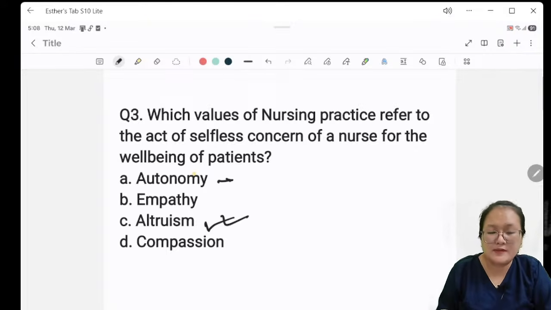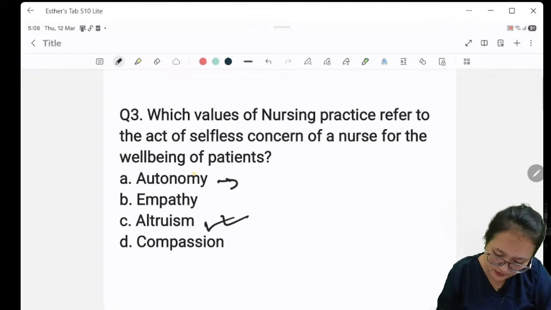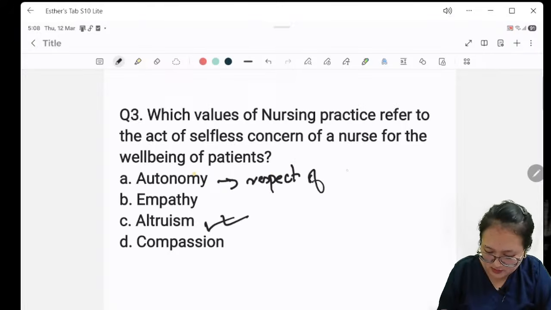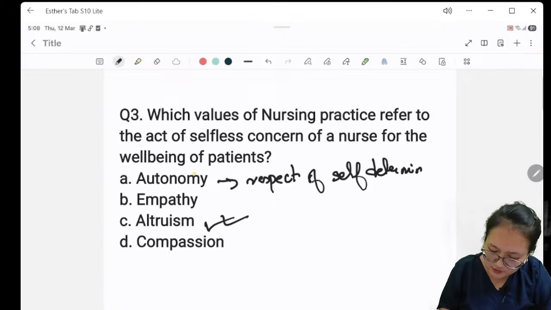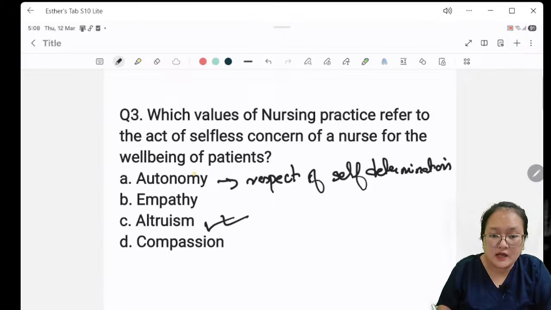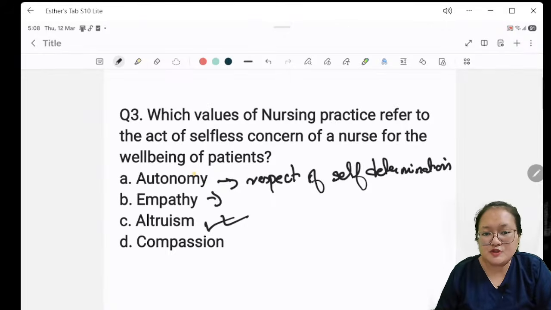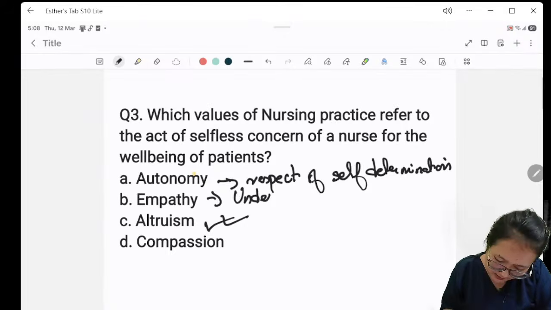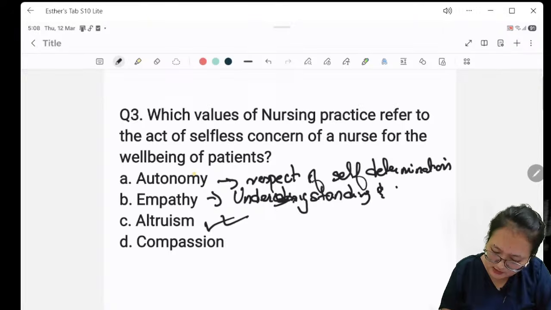When we say autonomy, that means you have respect for the patient to take a decision, respect for the self-determination of the patients. And when we say empathy, that means you are understanding and sharing the feeling of the patients.